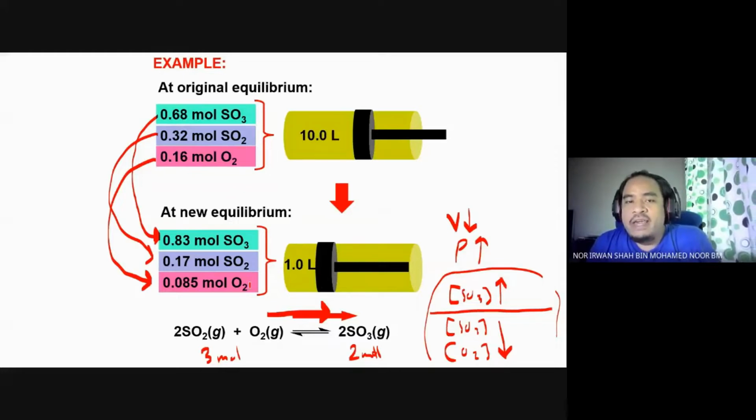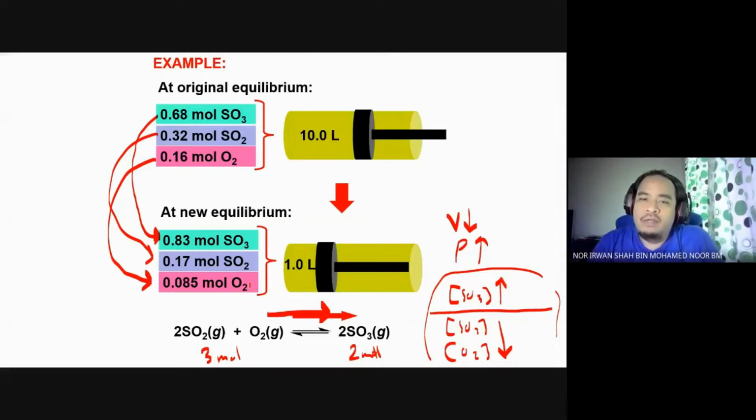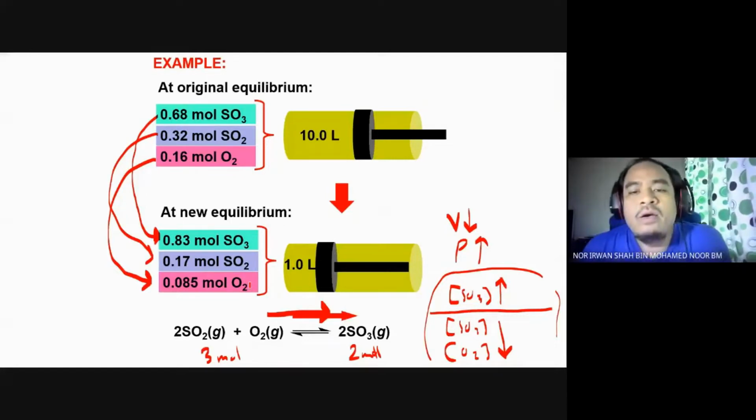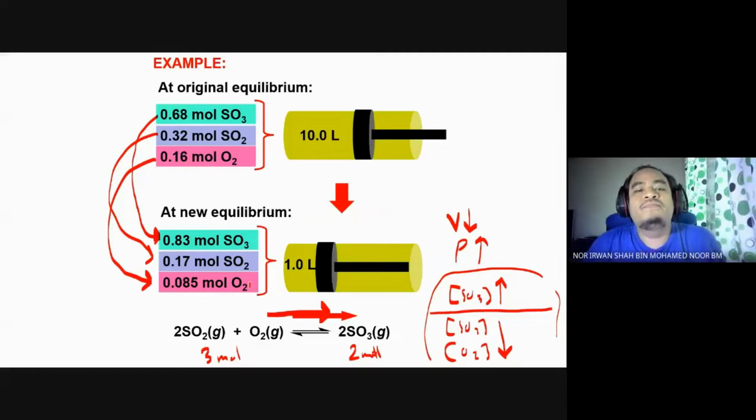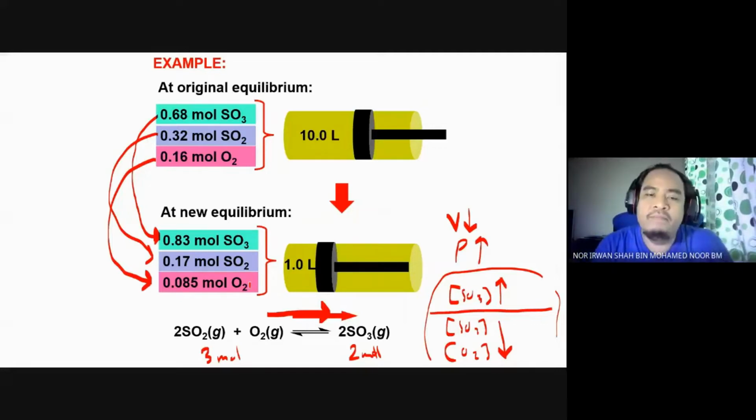This SO3 gas increased its quantity at the new equilibrium, either in moles, or if you calculate the concentration, the concentration also increased, and also the pressure. So this is another example of how changing the pressure, by changing the volume, affects the equilibrium position.